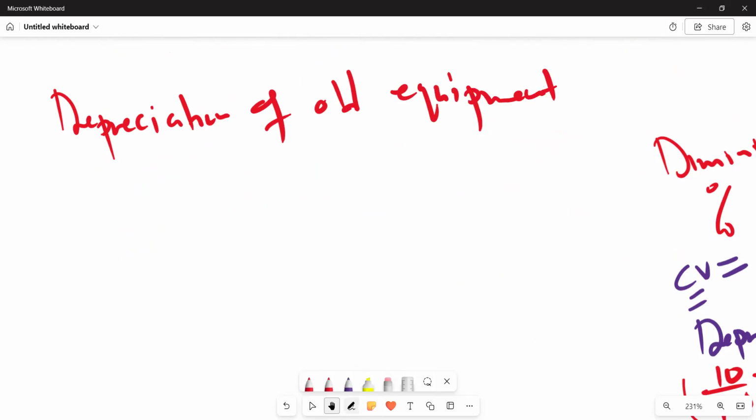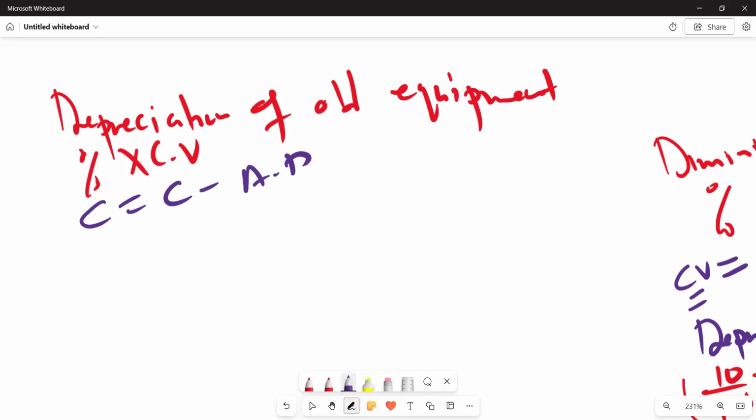So depreciation of old equipment, what we are going to do is use the formula of diminishing balance, which says percentage times carrying value. So to calculate carrying value, we are also going to say carrying value is equal to cost minus accumulated depreciation, like what we said. So let's start by calculating the carrying value.